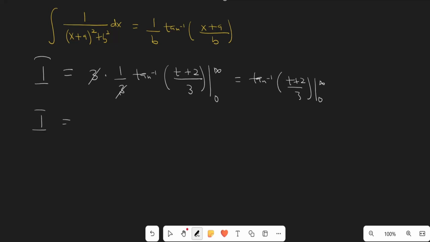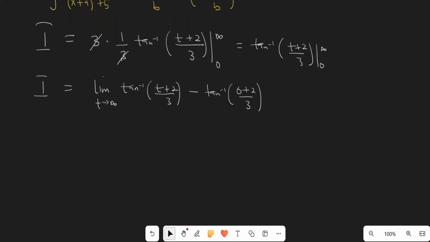Now let's plug in the limit, shall we? So just plug in the limit. So the limit as t approaches infinity of the tan inverse of t plus 2 all over 3, minus plugging in 0, that is going to be the tan inverse of 0 plus 2 over 3.